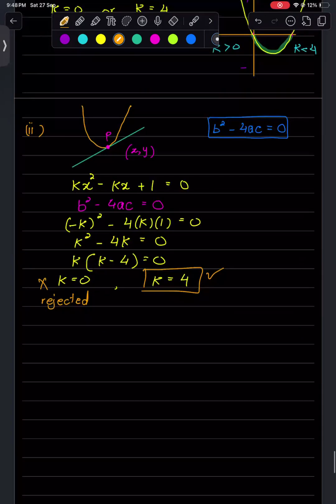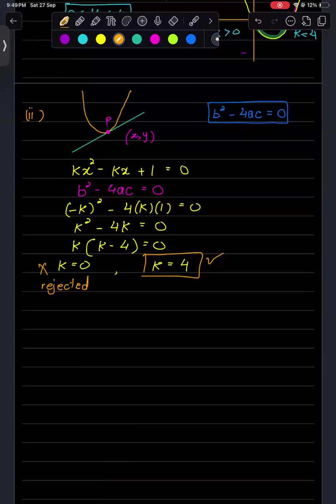So we have to only consider k equals 4. If k is equal to 4, then what are the equations now? y is equal to 4x squared plus 1 and y is equal to 4x, right? Now these are our equations.